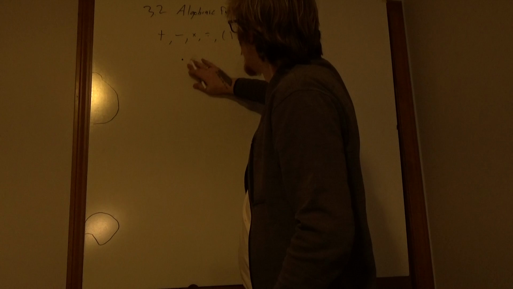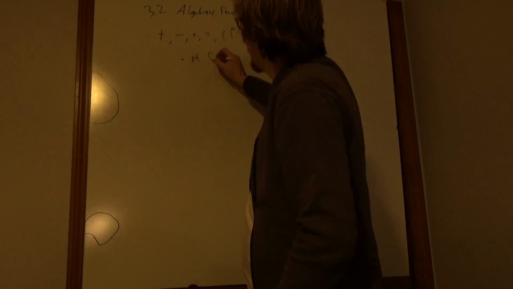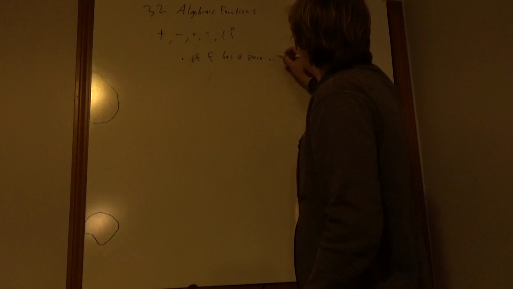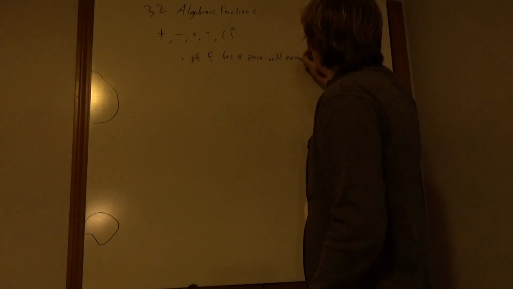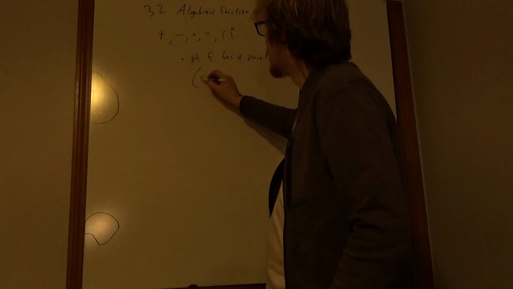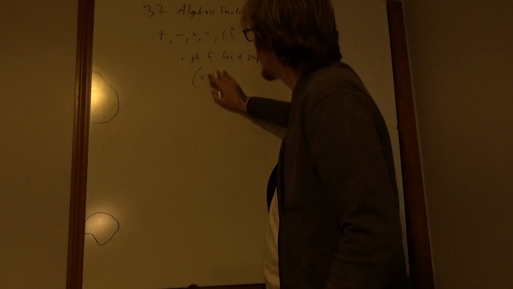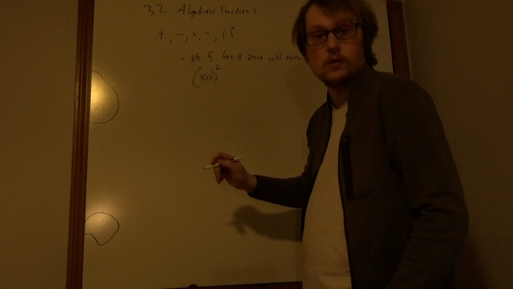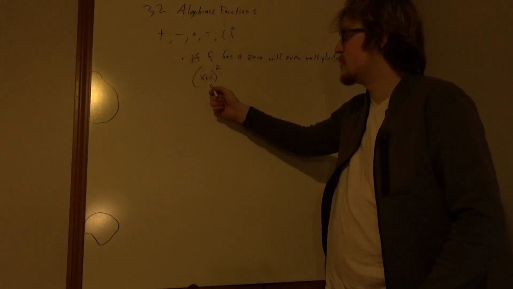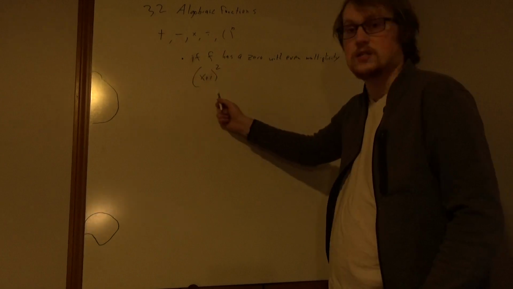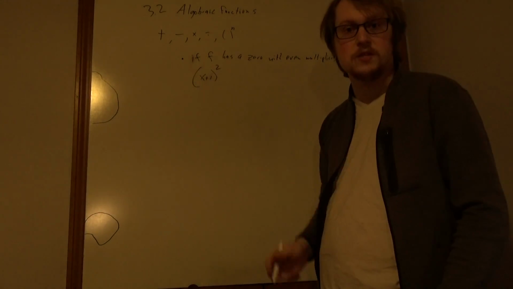So if f has a 0 with even multiplicity, like for example x minus 2 or x plus 1 squared, so this is going to be 0 at x equals negative 1, but this is telling us that it's actually 0 twice at the same point.